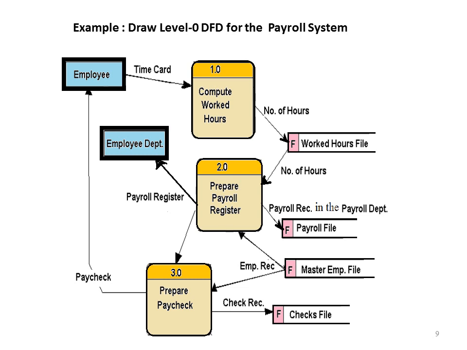And you can see there are 2 entities, employee and employee department. And in this level we start to identify the major processes, in other words the main functional requirements for the payroll system.